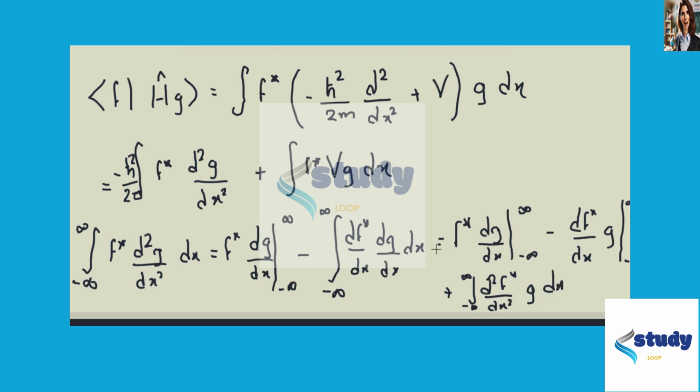Since at infinity and minus infinity f star and g go to 0 in Hilbert space, the boundary terms vanish. So the only term we are left with is d2 f star by dx squared g dx.